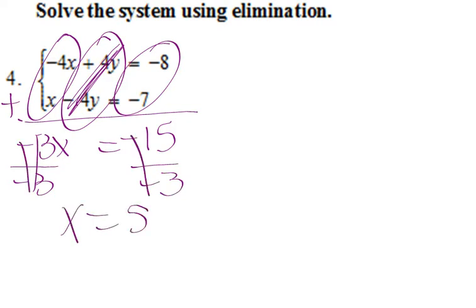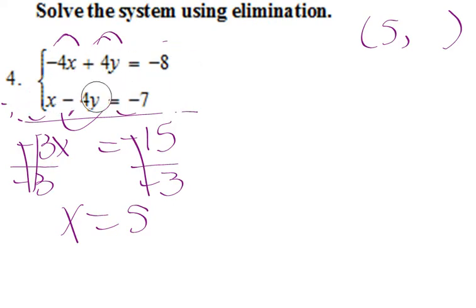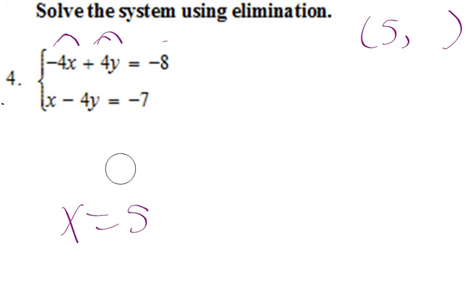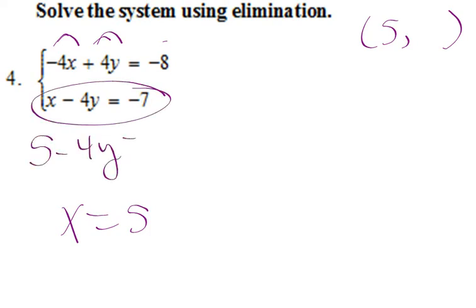So I've got half my answer. Now I'm going to plug 5 back into either equation for x. I'll use the second one and get my y. So I have x, which is 5, minus 4y equals negative 7.